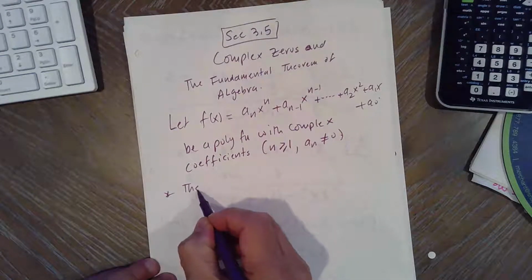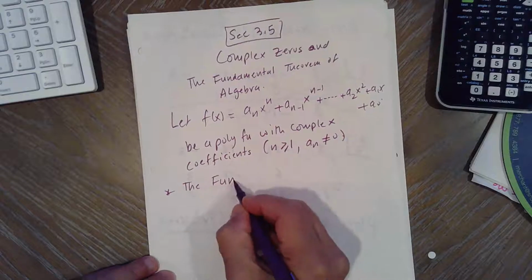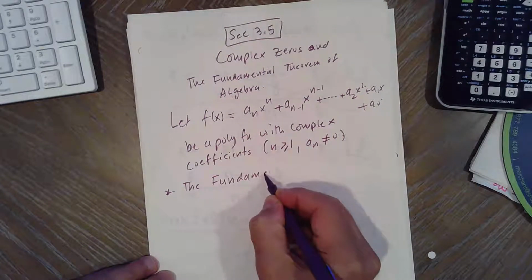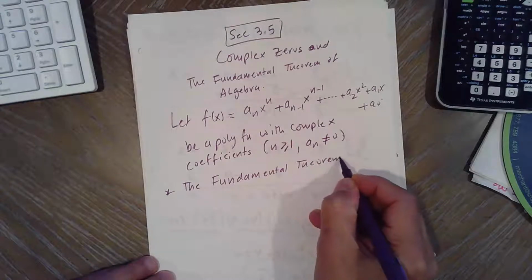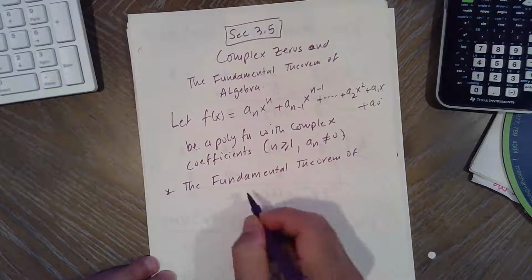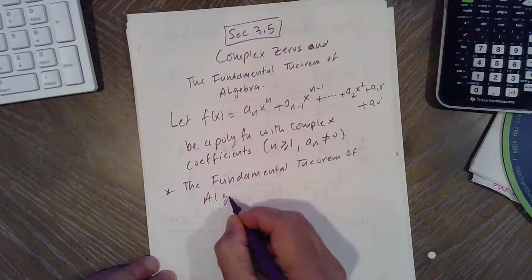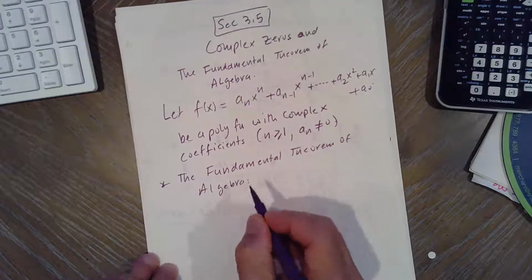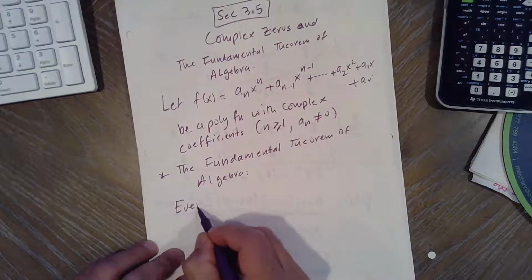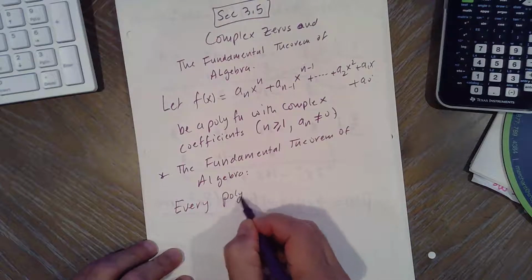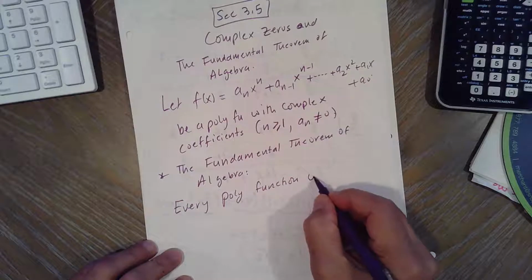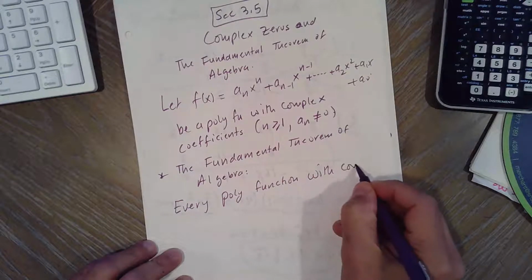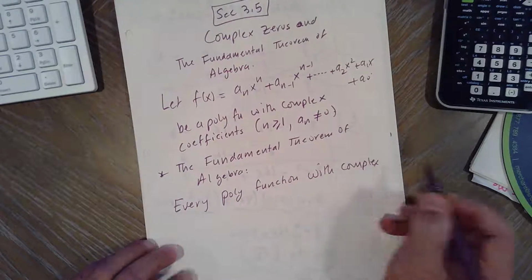The fundamental theorem of calculus says, the fundamental theorem of algebra, sorry. It says every polynomial function with complex coefficients. Again, complex doesn't mean all I. It could be real numbers, okay?